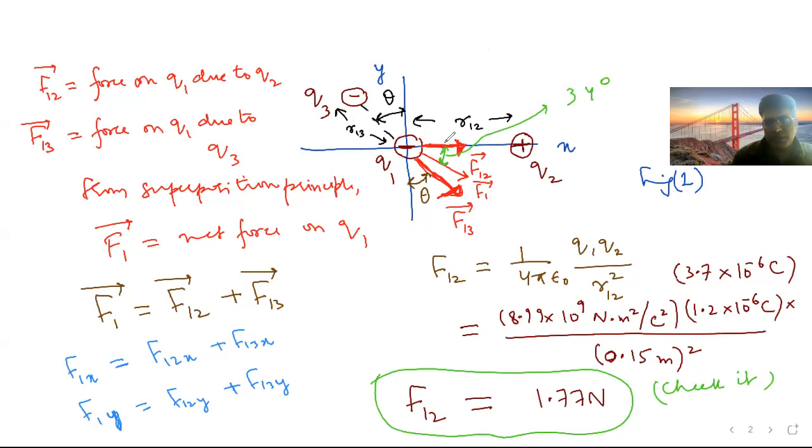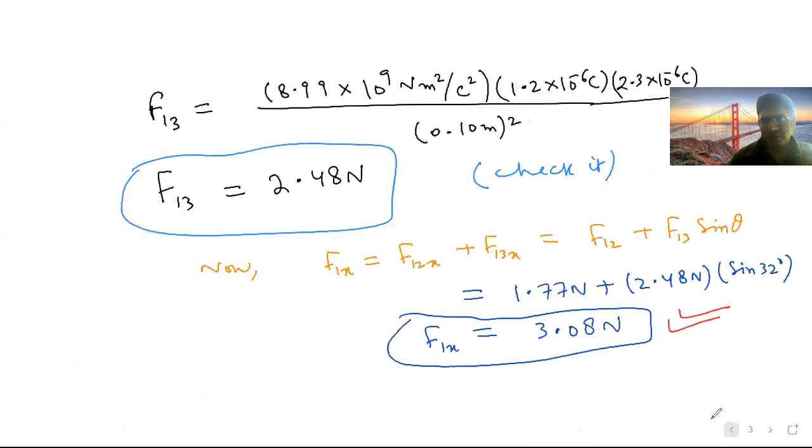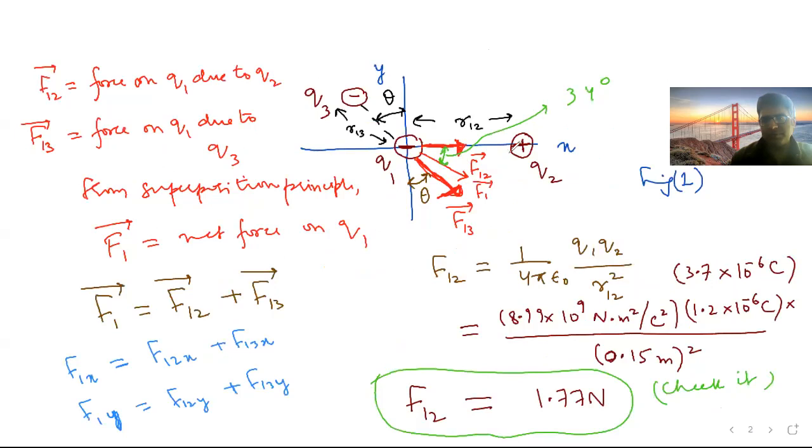You have to take this angle in clockwise sense. Clockwise sense with x-axis, it will be 34 degrees, because we have found it to be minus 34 degrees. So it will be 34 degrees in clockwise sense this way. So we have obtained our result.